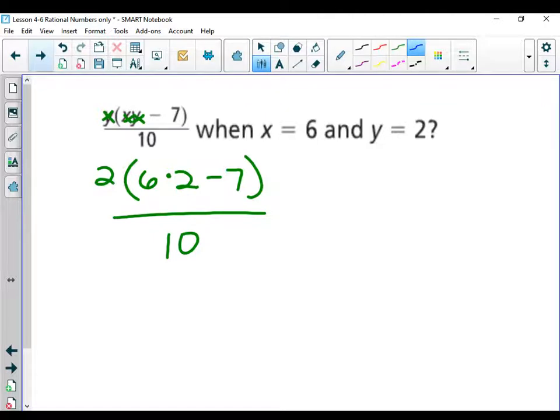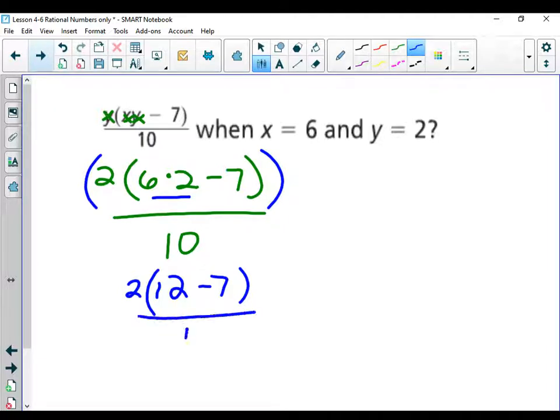okay, I'm starting on the top. 6 times 2, 12. Still on the top. 12 minus 7, 5.